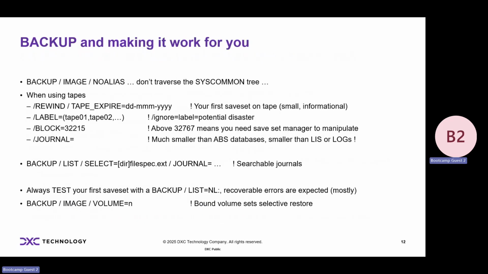Anyway, backup. Okay, backup image alias, I've mentioned that, so it doesn't traverse the sys commentary, just the VMS $common. This is something I said at the beginning when Nikita was talking about the backup rewind tape expiration.